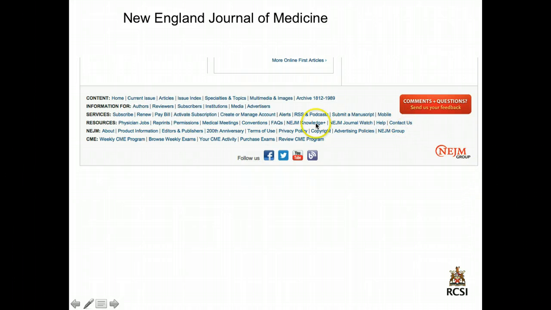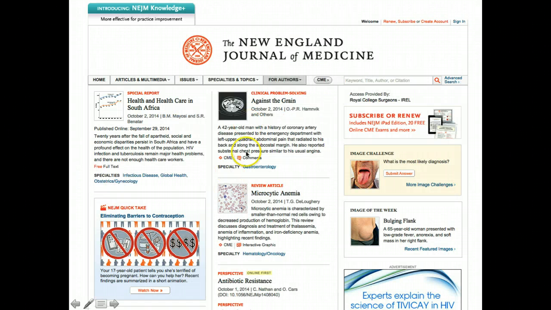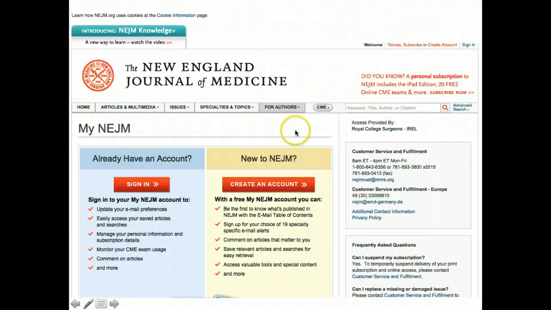Down here at the bottom it says alerts. Let me find that. There we go, services, alerts. Click on alerts and if you're new, you can create an account. Be the first to know, sign up, 19 specialty email alerts. It's free. You're not going to be charged for the alerts.